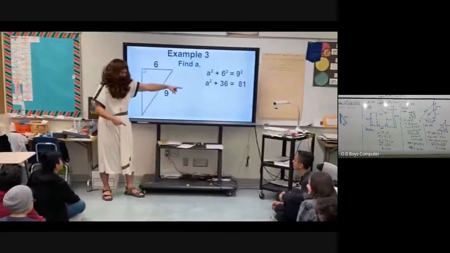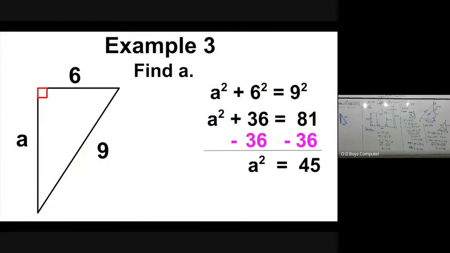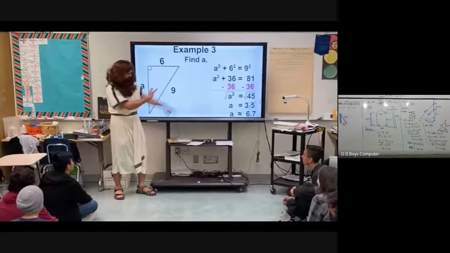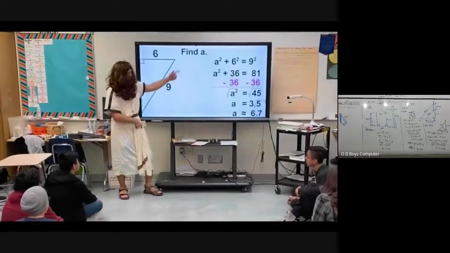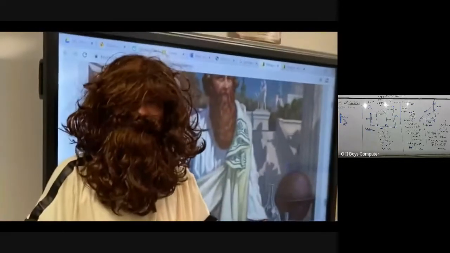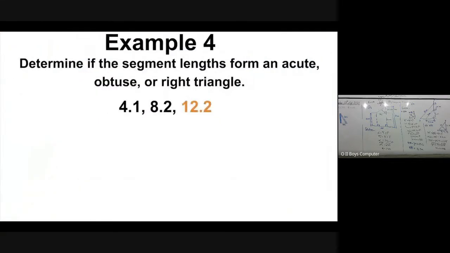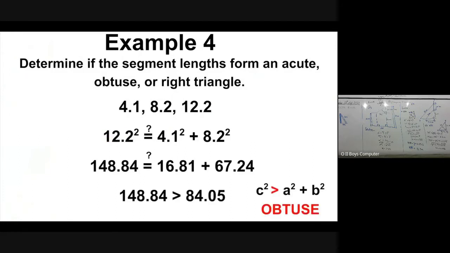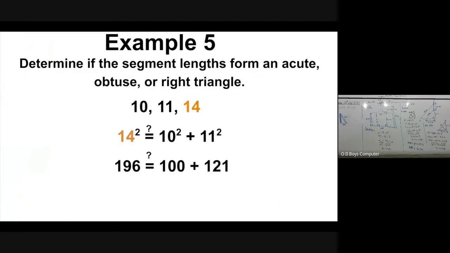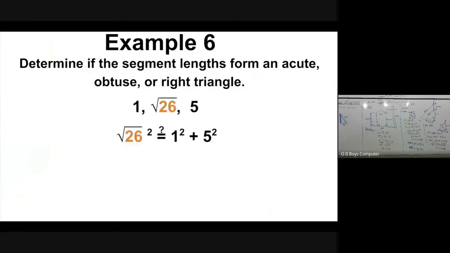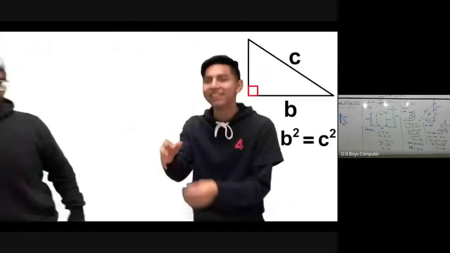The only difference is in the subtraction property. Square root each side, this is trickery. 6.7, that's what it's supposed to be. Every single day we see making that history. Let's finish up with the converse and inequalities. You'll be given 3 numbers to substitute these. If the C squared is greater, then a 2 such a figure. If the C squared is less, then a cube is the best. If the C squared is equal, then you know the rest.